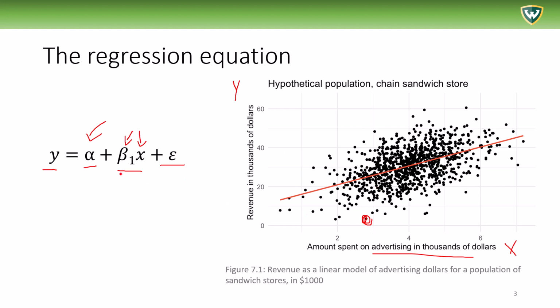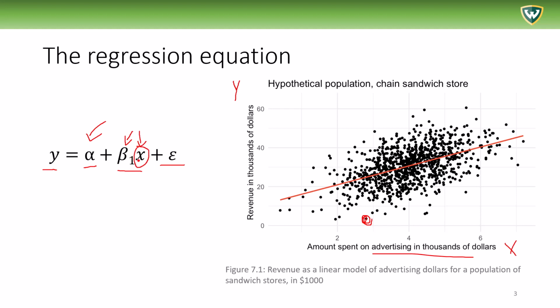So in this two-dimensional space, we have what we call the predictor variable or the independent variable, and usually we put it on the x-axis. So this will be this one here.